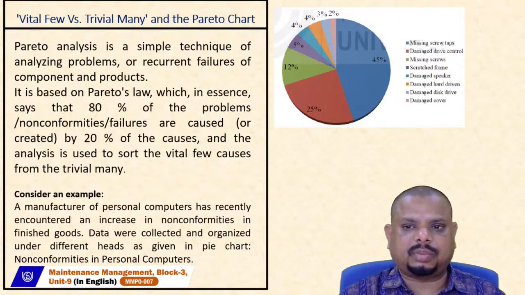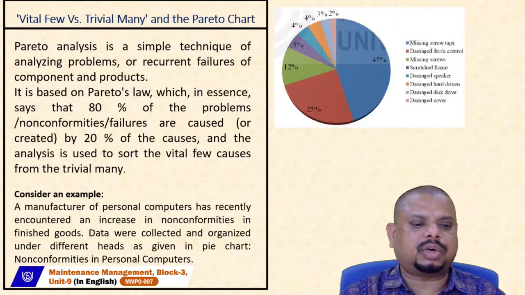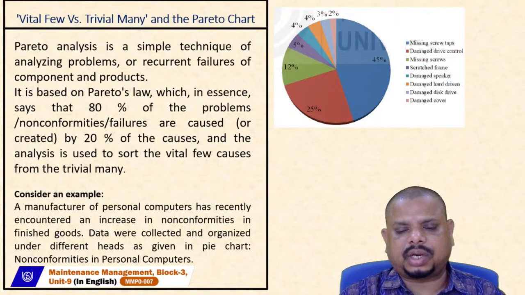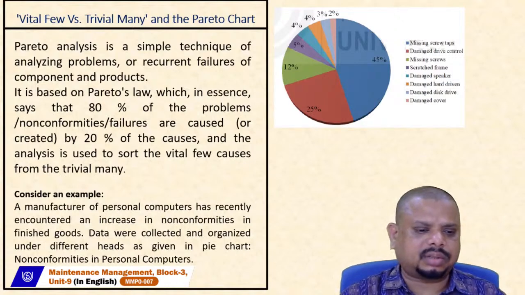If you consider an example, the manufacturer of a personal computer has recently encountered an increase in non-conformities, problems or failures in finished goods. Let's take the example of desktop manufacturers like Dell, Intel or other electronics companies.